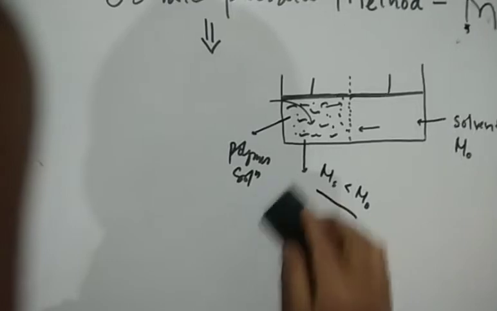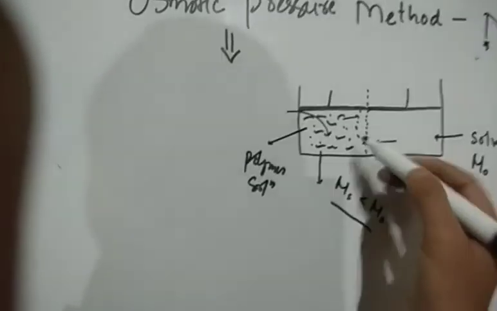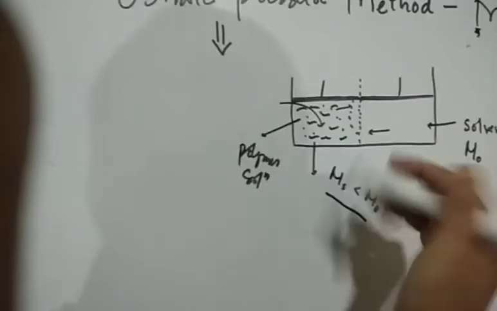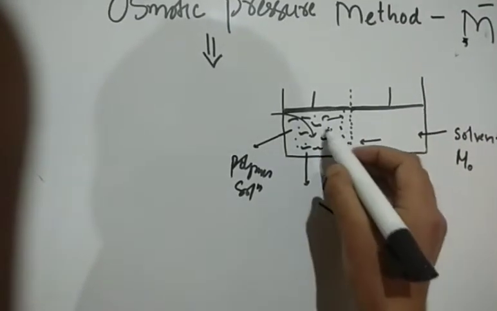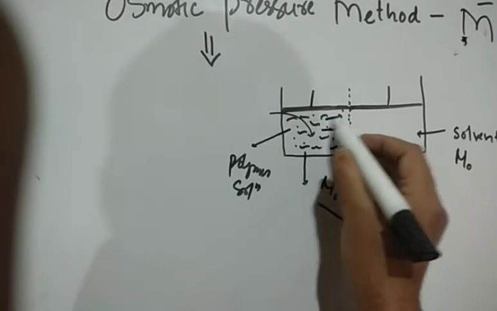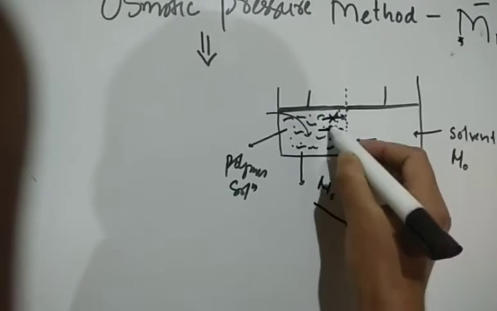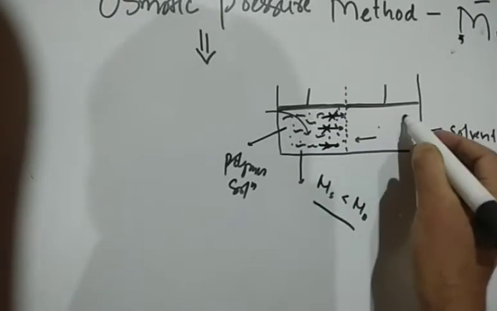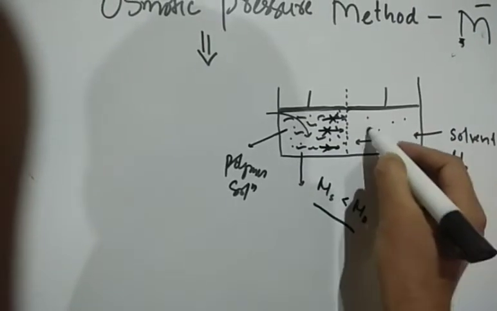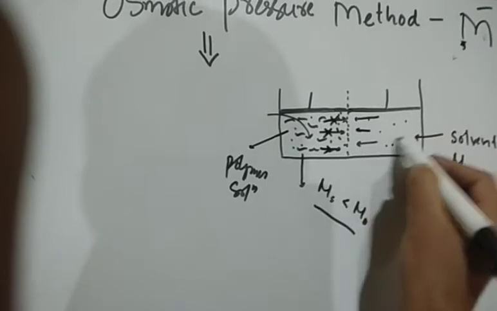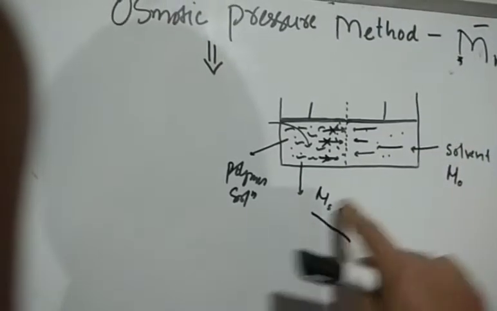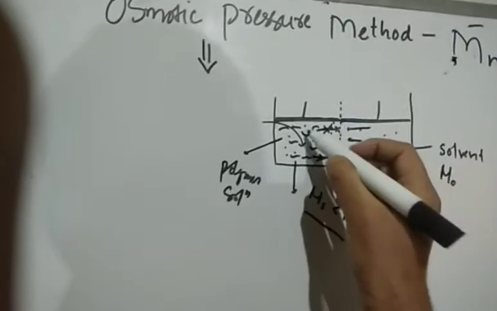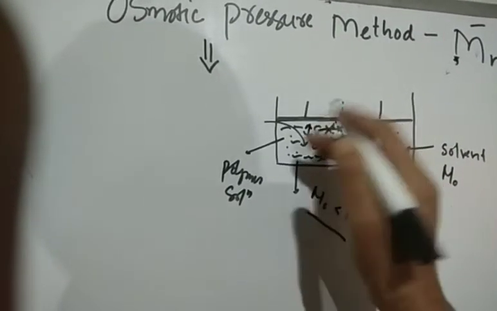As the chemical potential decreases, and we know that these polymer molecules, macromolecules or chains, are larger in size, they cannot cross this membrane. While the solvent molecules from this side will freely move towards this side. So they will move from higher chemical potential to the lower chemical potential. Result is that this piston will move up.